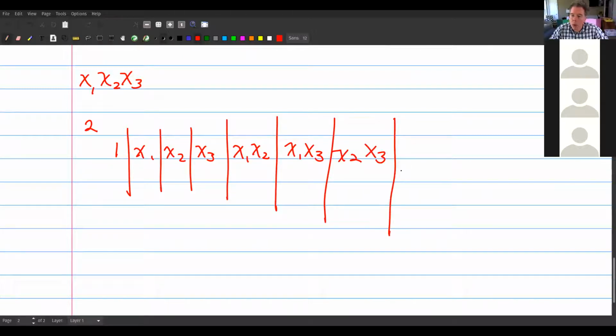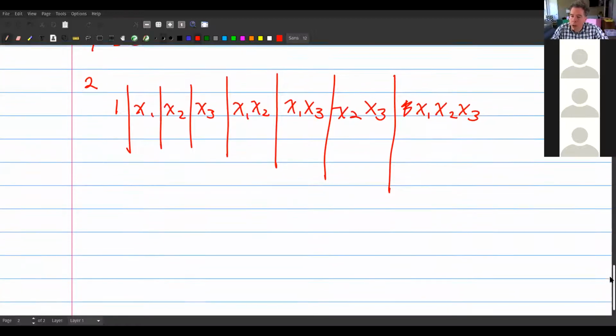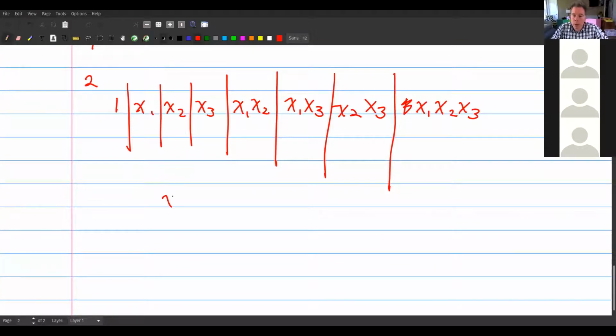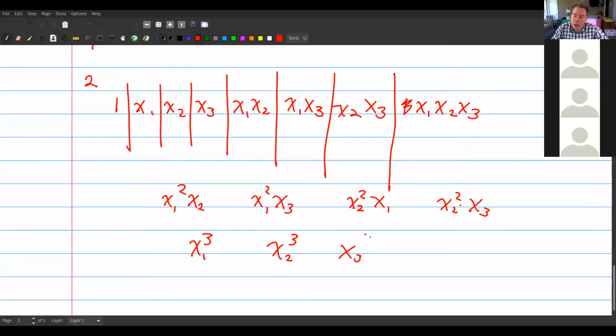And then for the product of all 3 of them, x1, x2, x3. But that's not all. You also have x1 squared times x2, and x1 squared times x3. And then x2 squared times x1, and x2 squared times x3. And then you have x1 cubed, x2 cubed, and x3 cubed.